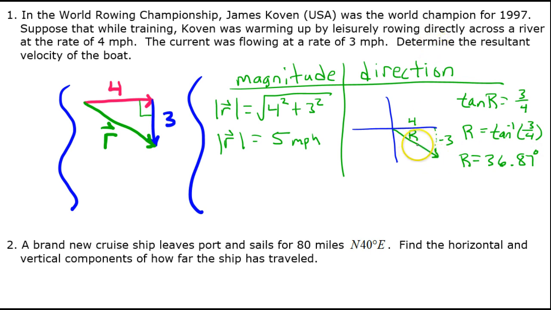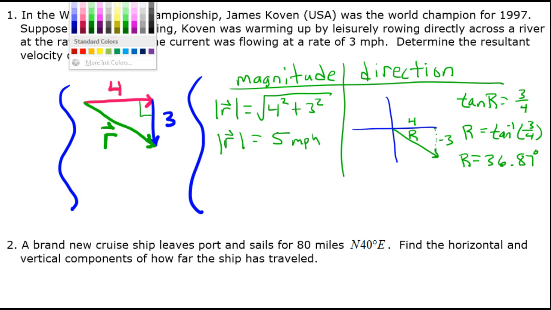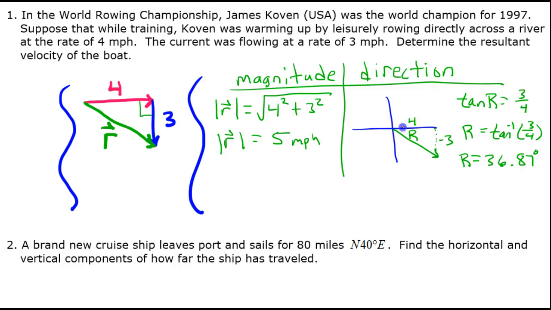Okay, now when we give a standard direction, we talk about it in terms of measuring from due east, the positive x-axis. So let's go ahead and talk about the direction this way. And I will call this angle theta. So the direction theta should be what we would get if we subtract 360 minus 36.87.